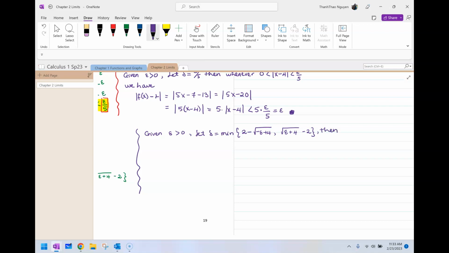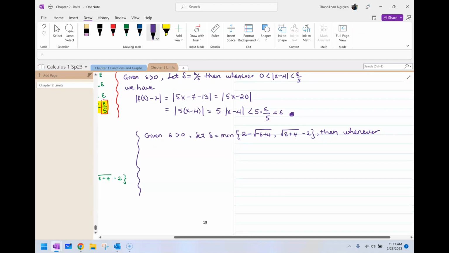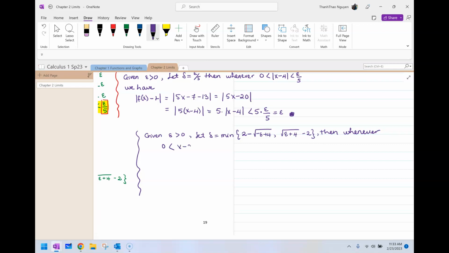Then whenever 0 is less than |x − 2| less than delta, we will have the absolute value of x squared minus 4, and we want that to be less than epsilon.